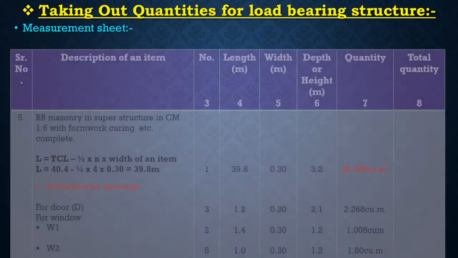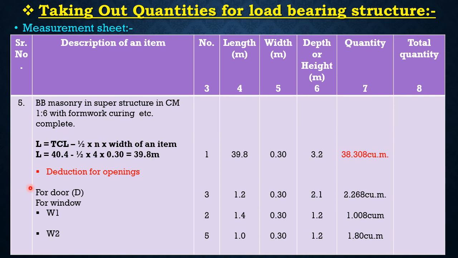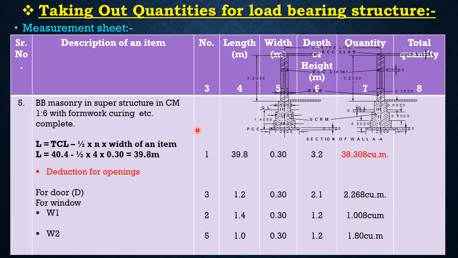Then fifth item is BB masonry. BB masonry in superstructure in CM 1:6 with formwork, curing, etc. complete. Then calculate the length of an item. L is equal to TCL minus 1/2 into N into width of an item. The width of an item is 0.30 meter. Then length is equal to 40.4 minus 1/2 into 4 into 0.30, then 39.8 meter.